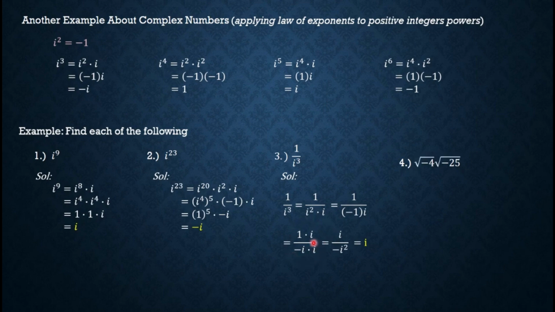Remember that we multiply by the conjugate of the denominator. The conjugate of negative i is positive i. So negative i times i is negative i squared. The numerator is also multiplied by i, so i over negative i squared is equal to i, because i squared is negative 1, and negative 1 times negative is positive. That is the final answer.